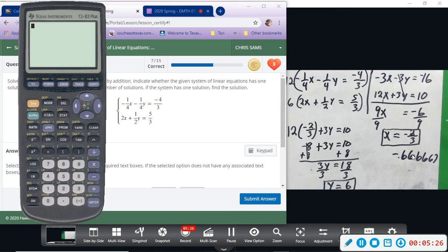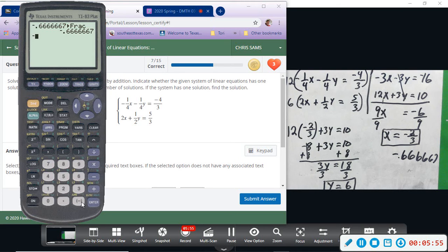You couldn't just type in a few 6's and a 7. Watch, I'll show you. Negative 0.1, 2, 3, 4, 5, 6 and a 7. And if I do math, enter to change it to a fraction, it's not going to do it yet.